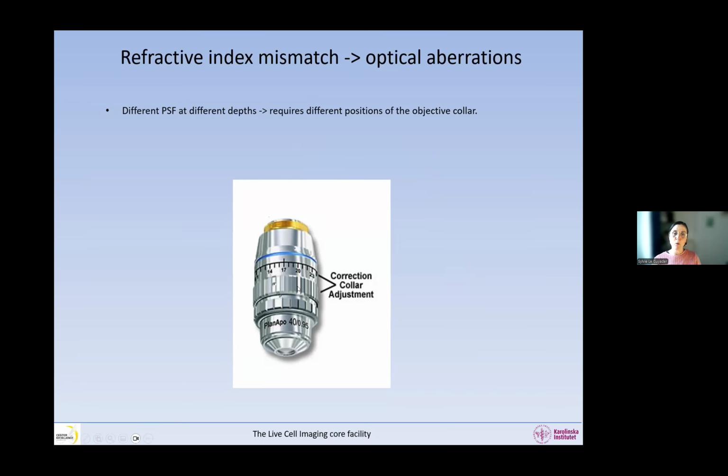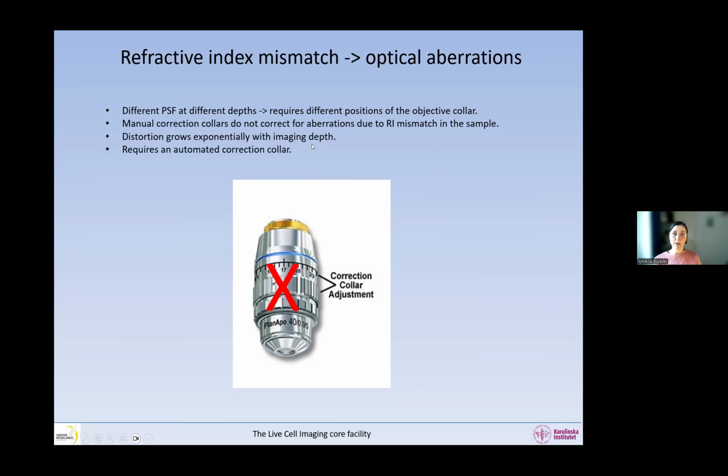So you do not have one position of the correction collar that works. Manually moving the correction collar does not work to correct for aberrations due to refractive index mismatch. The distortions grow exponentially with the imaging depth. You can correct if you use an automated correction collar that grabs the objective and moves as you go deeper. That is possible.